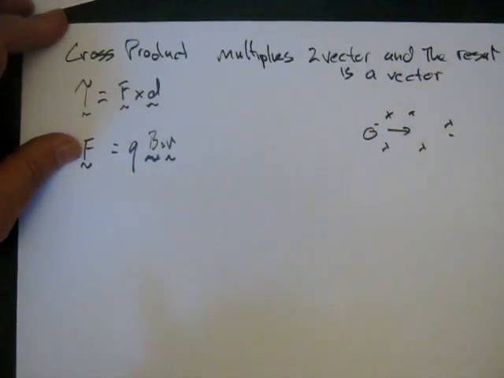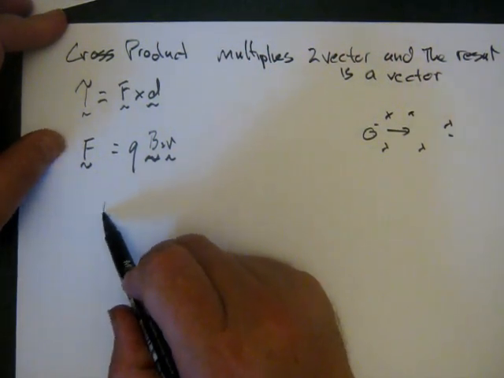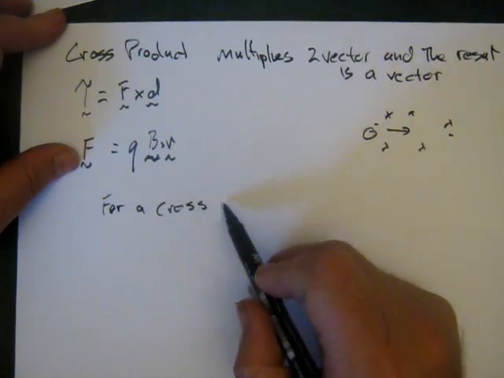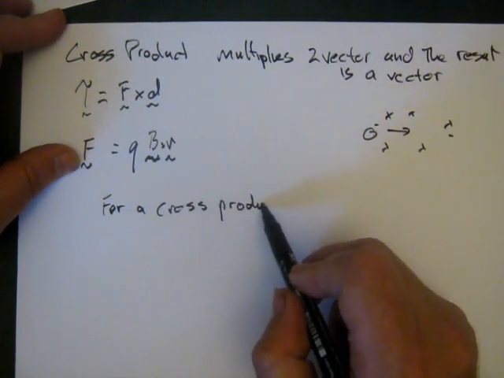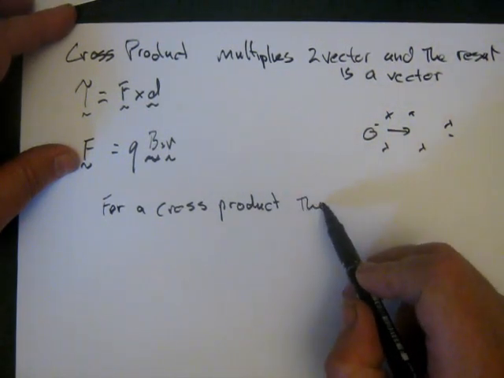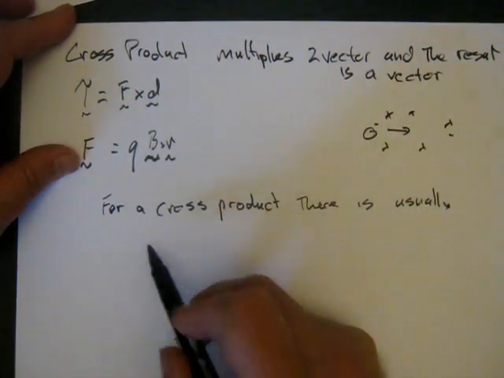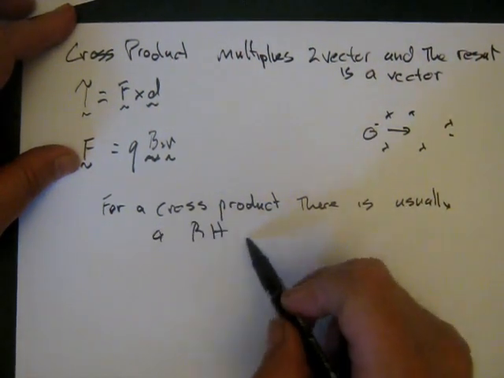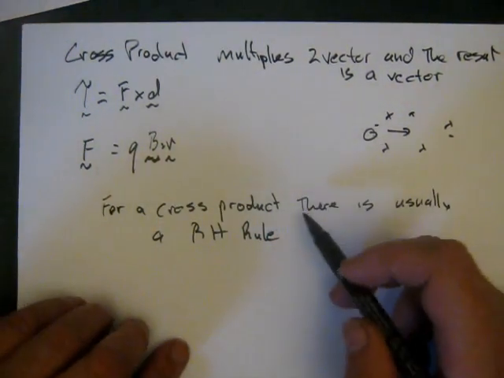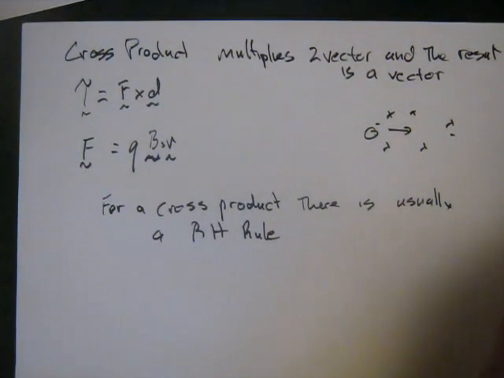And a clue to this is that if you're doing this in engineering or physics or anything, there is usually a right-hand rule associated with it to figure out the direction of the resultant.